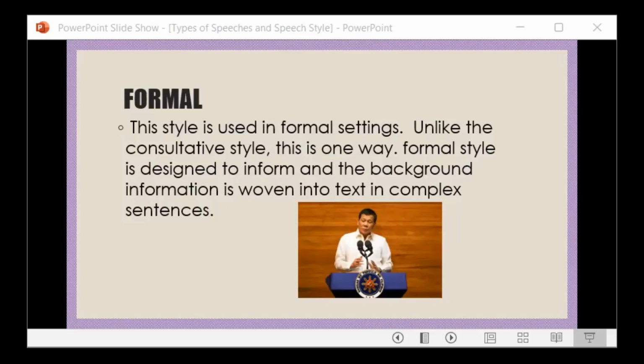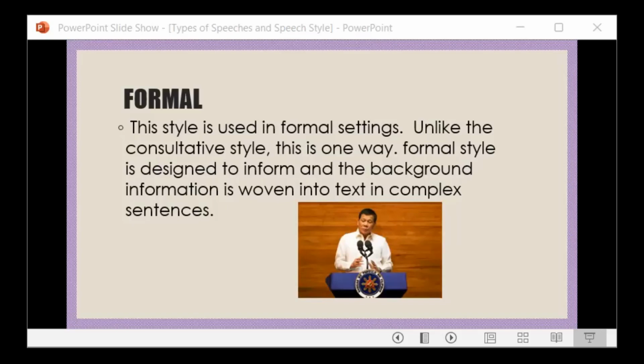Just like what I told you earlier, the speaker simply relays information to their receiver or listener. The formal style of speech frequently discourages audience participation, unlike consultative earlier, or interaction between the communicators. Formal, instructive speech is frequently used in public speaking.